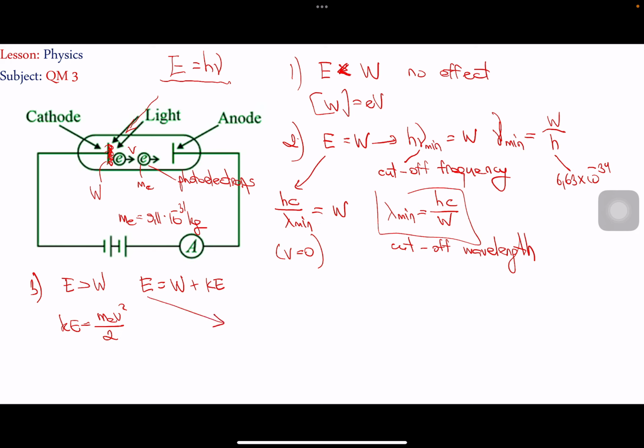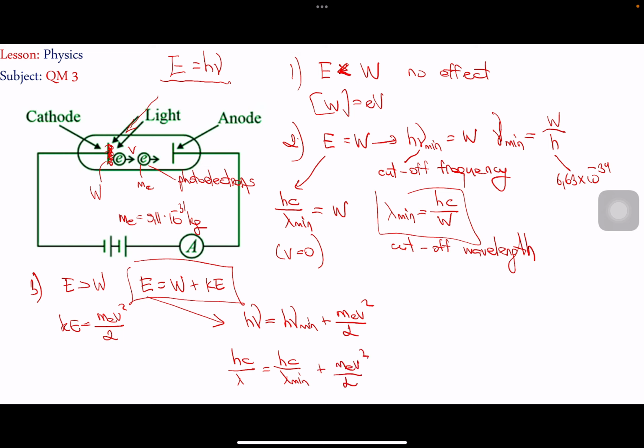And of course, I can rewrite the third expression that is obtained from the conservation of energy in terms of lambda. I can write h nu equals h nu minimum plus m_e v squared over 2. And I can also rewrite it in terms of lambda: hc over lambda equals hc over lambda minimum plus m_e v squared over 2. These are all forms of this conservation of energy.